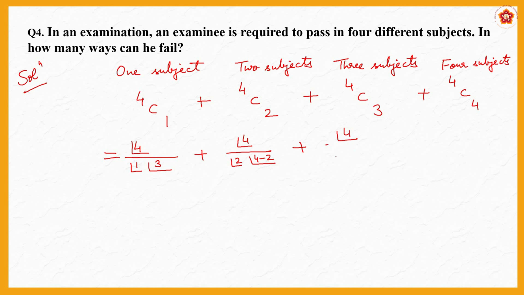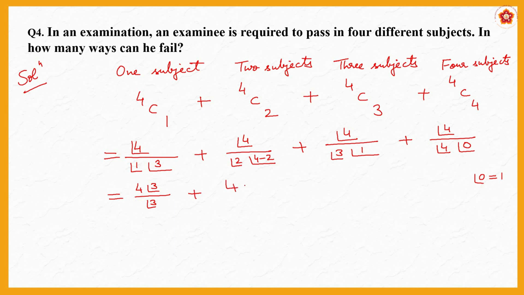Same way, here we get factorial 4 divided by factorial 3 and also factorial 4 minus 3, which is 1. Here we'll write factorial 4 divided by factorial 4, and 4 minus 4 is 0. And I hope you remember that factorial 0 value is 1. So let's solve it further. This will be 4 into factorial 3 divided by factorial 3.